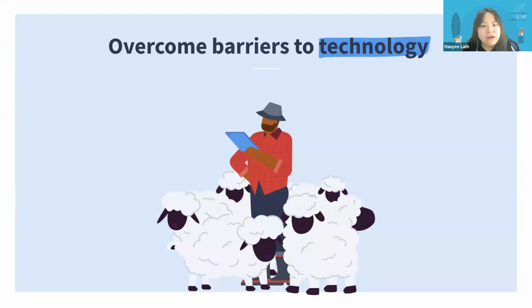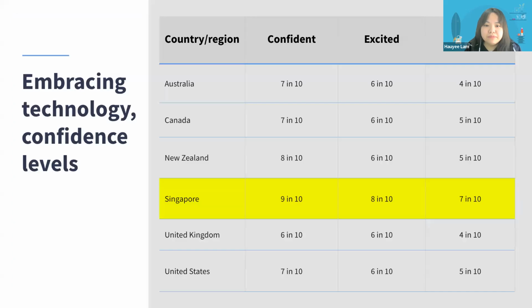So we have looked at some real-world advisory examples. Let's consider the industry as a whole for our next topic, overcoming barriers to technology. We will examine some statistics from a study we did in 2021 about the human barriers to technology adoption. Here are the highlights of the study.